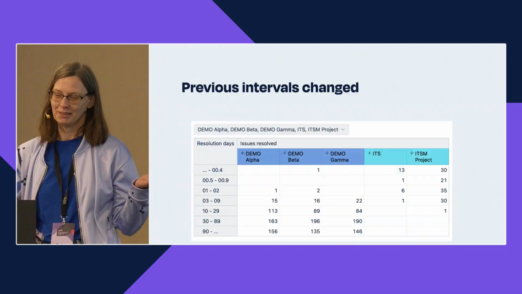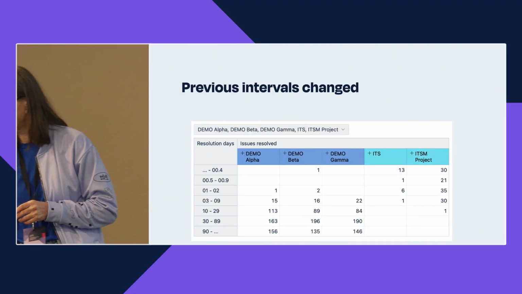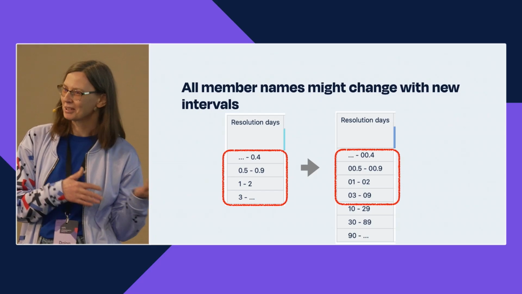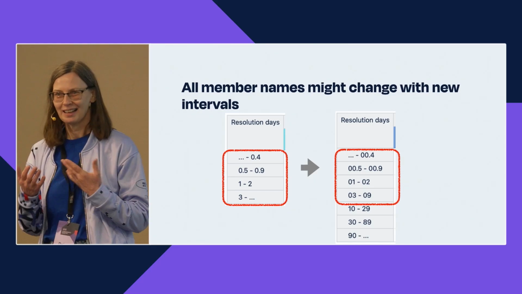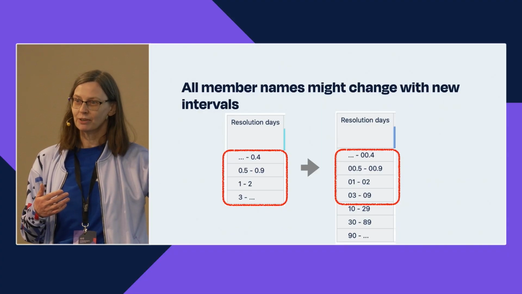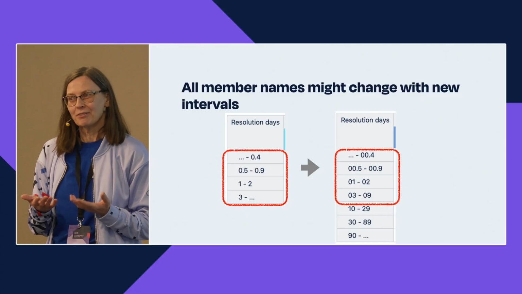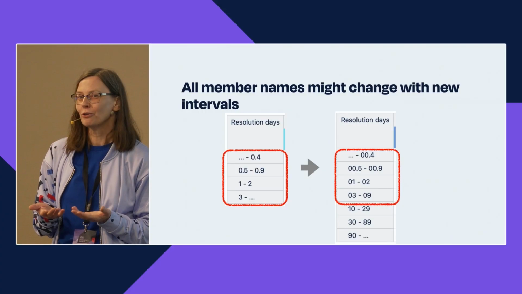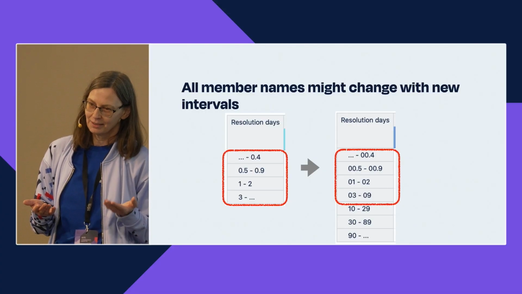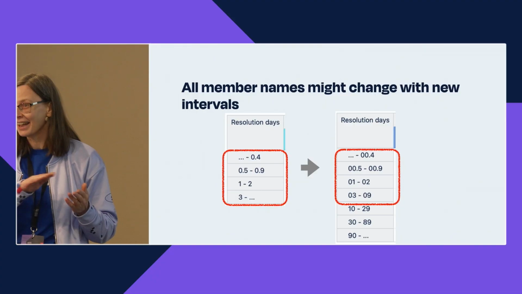And what happens? Guess what? Intervals changed. It was previously like that, now it's like that. And not that one specific interval was just added, the previous selections changed. So if you have hand-picked for the report, you probably have broken it already, but maybe not yet.